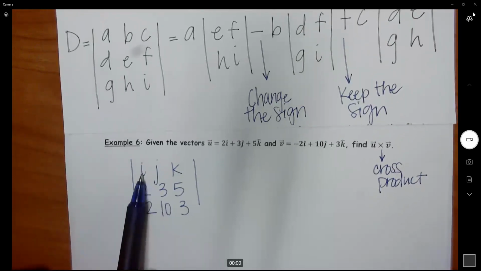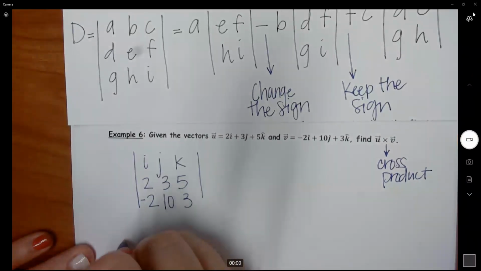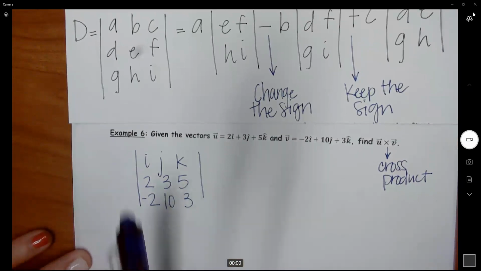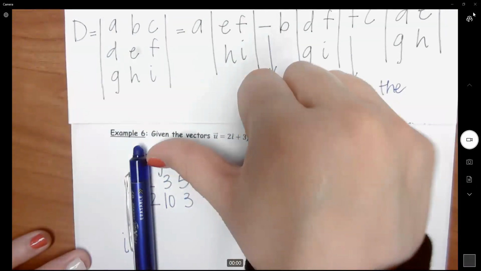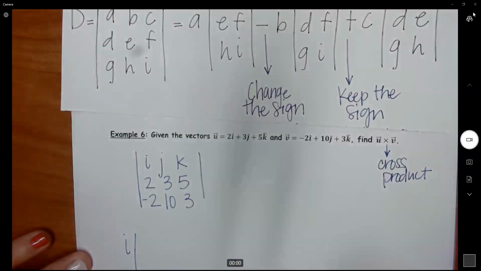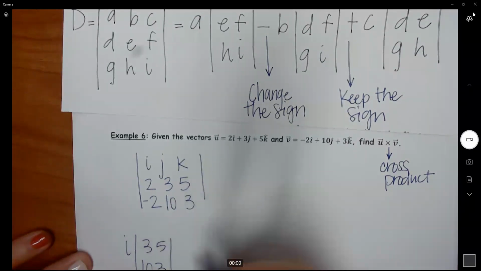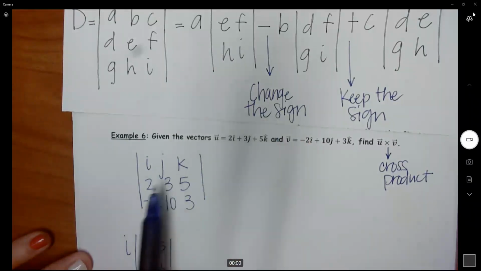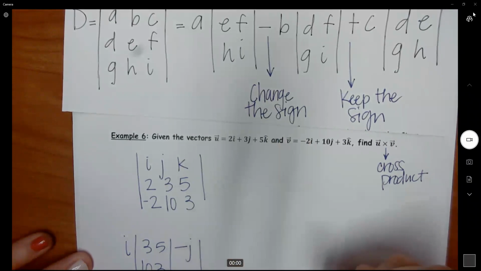So here we have i as my a here. When I cancel out that row and that column, we are left with 3, 5, 10, and 3. Minus b, which means change the sign because we have a positive j. This means we're going to have a negative j here.